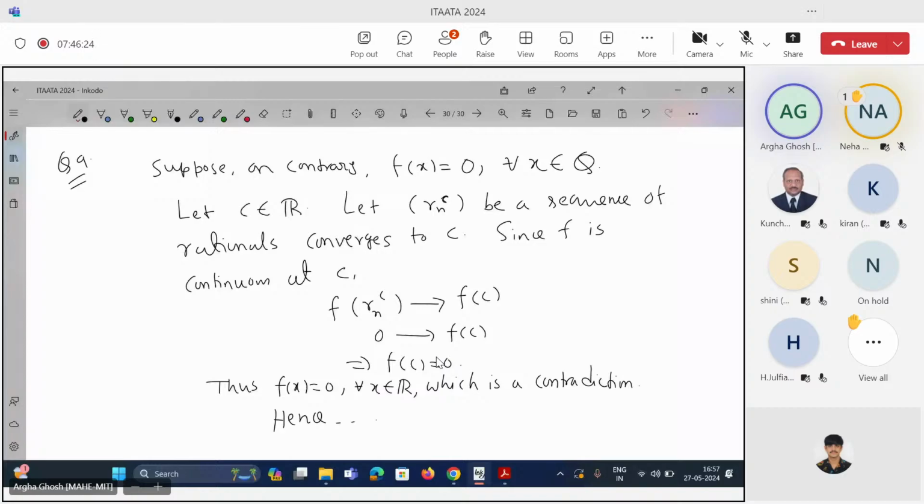We use the fact that f is continuous at a point C. So instead of saying f is a non-zero function, we can say: let f be a function such that f of x equals 0 for all rationals, and f is continuous at a particular point C, then obviously f of C should equal 0. From one question you can make several types of questions, just by looking at the conditions and proof inside a theorem.